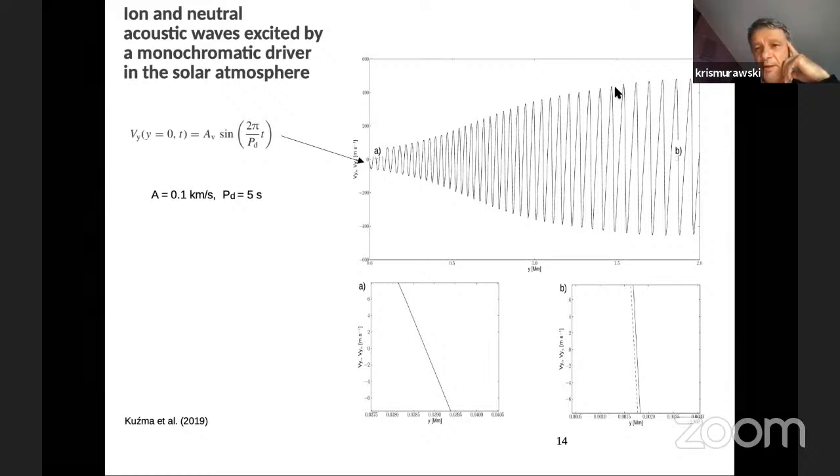So we see this growing envelope with height. And here are two plots overlaying each other, ion velocity and neutral velocity. A corresponds to the bottom of the photosphere. Those are two curves which are zoomed over here.